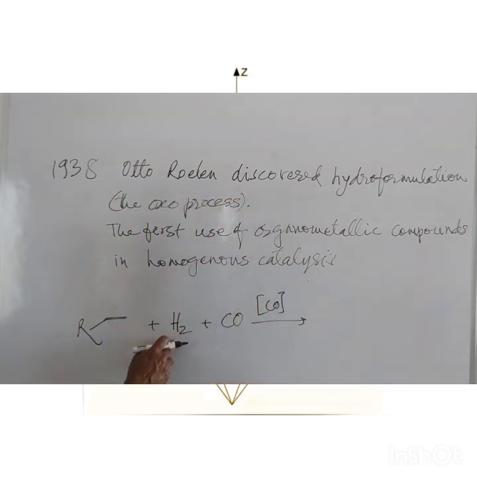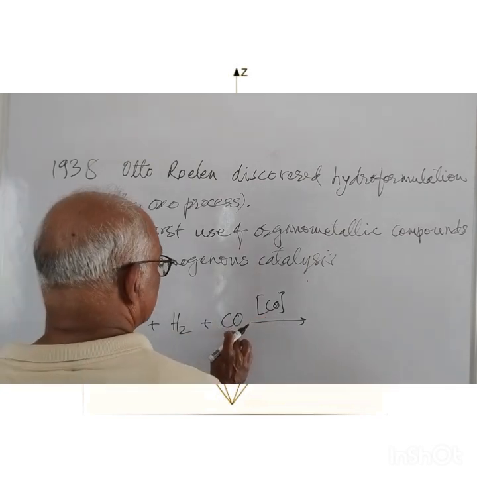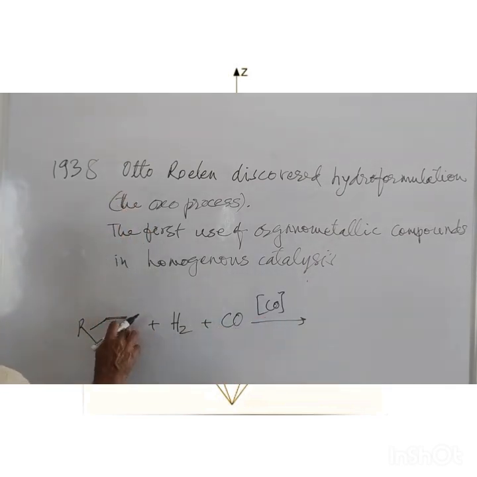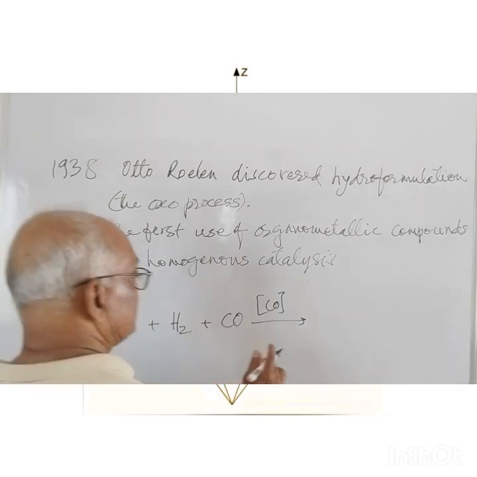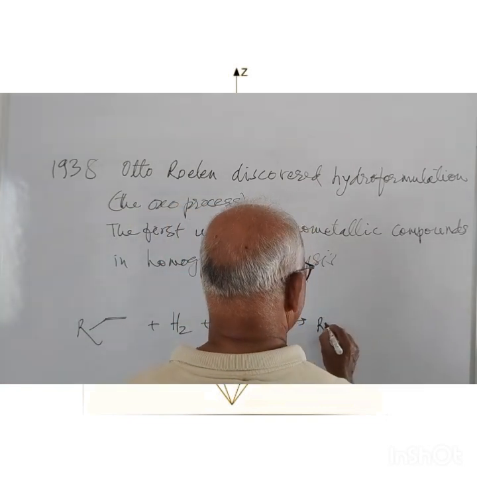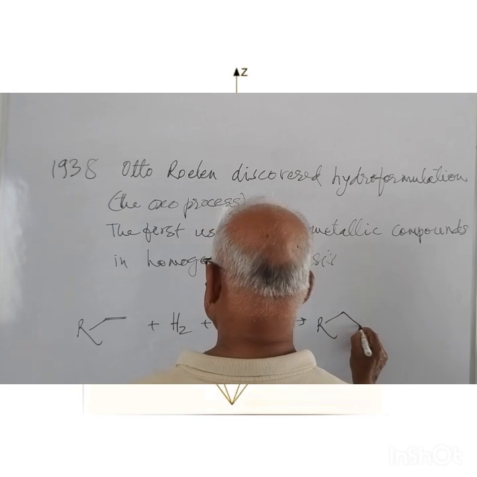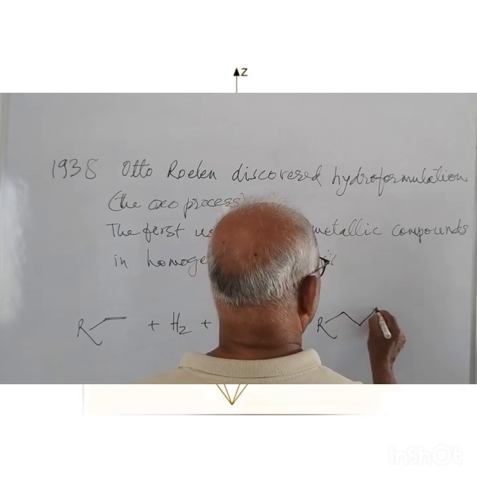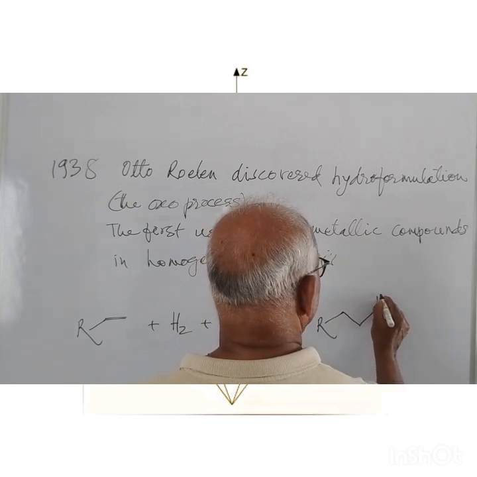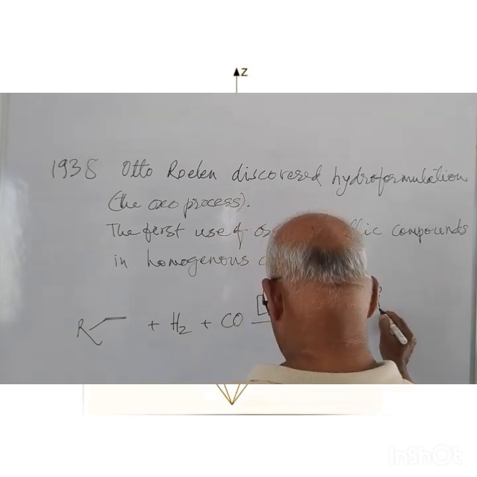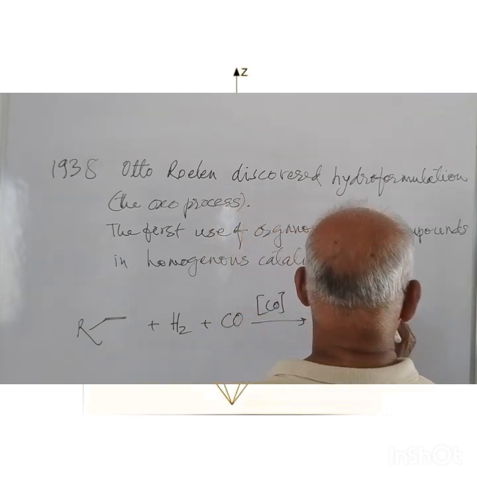Two hydrogens are added, one going here and another going to the carbonyl carbon. This carbon gets attached to this carbon. So it gives CH3CH2CHO.